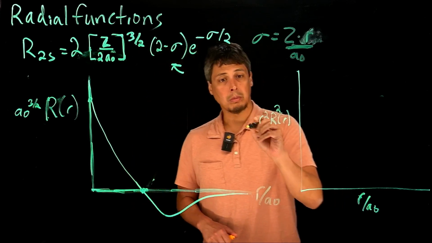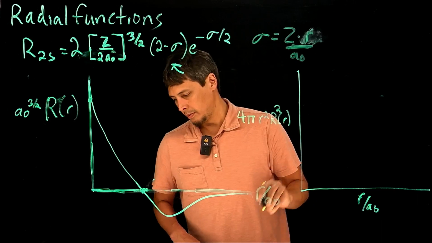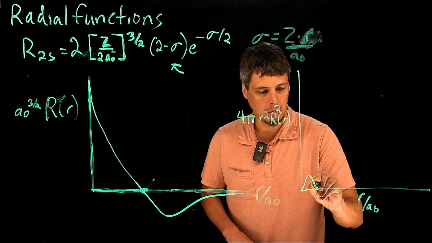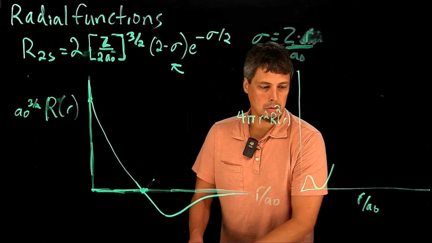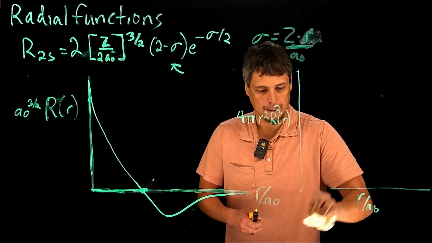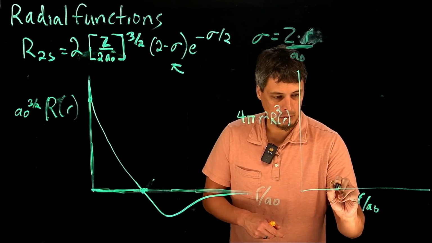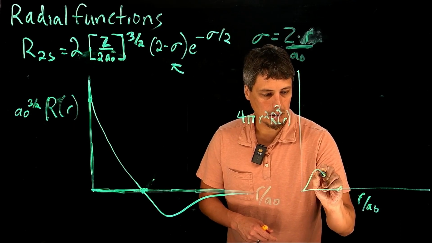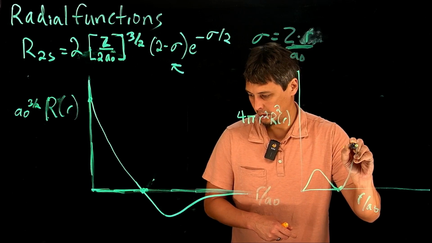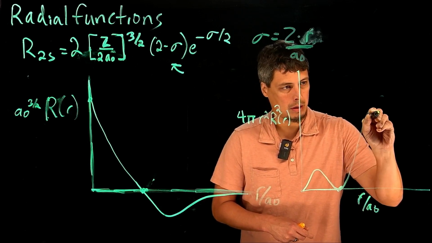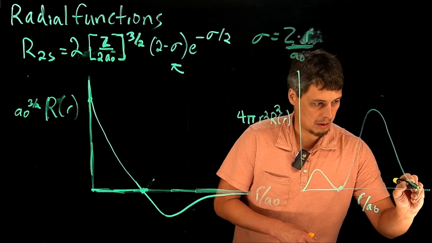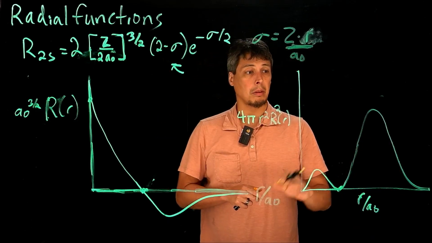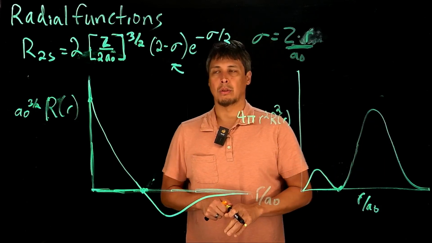And what we end up with at this point is a probability function that looks like this for the 2s orbital.